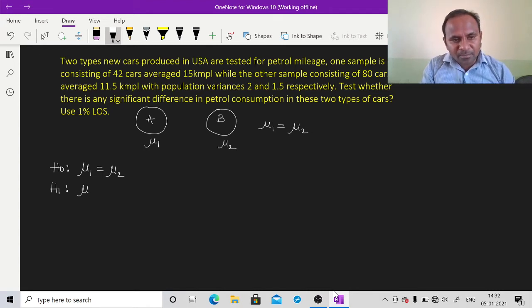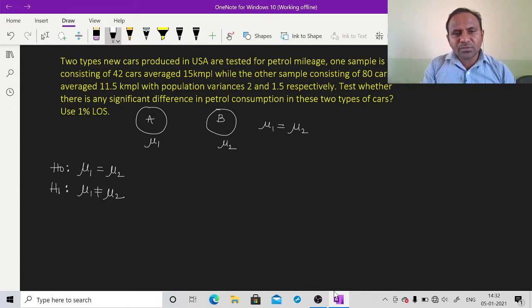That is mu1 not equal to mu2. I mean, there is a significant difference between the two mileages of the two different cars. A significant difference is the alternative hypothesis, whereas no significant difference is our null hypothesis.